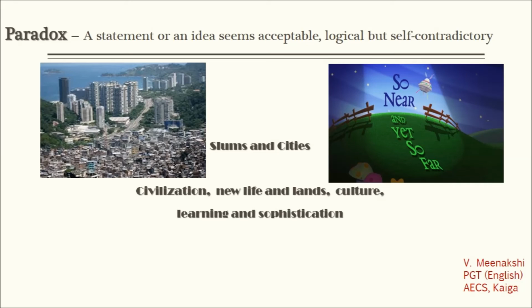The next figure of speech is paradox. It refers to a statement or an instance that is logical but self-contradictory. Here, the cities and slums being near yet so far is being reiterated through the words far, far. This aspect has already been discussed several times throughout the explanatory part of this stanza.